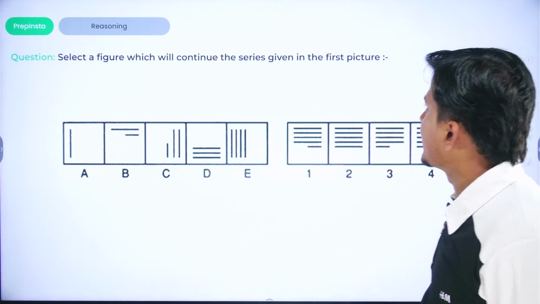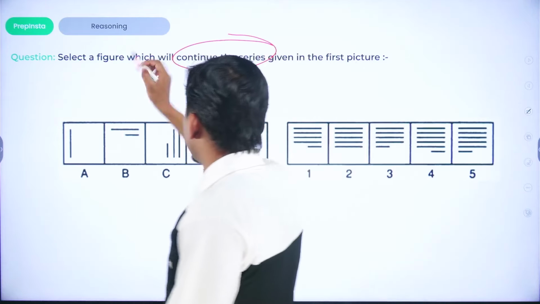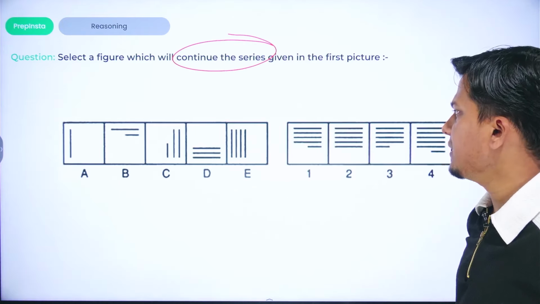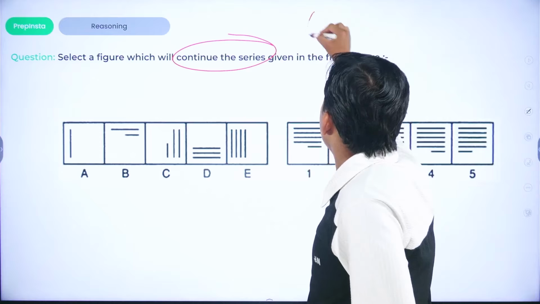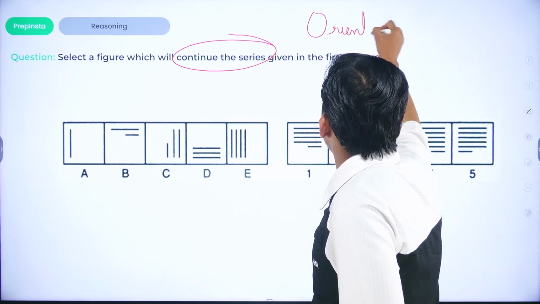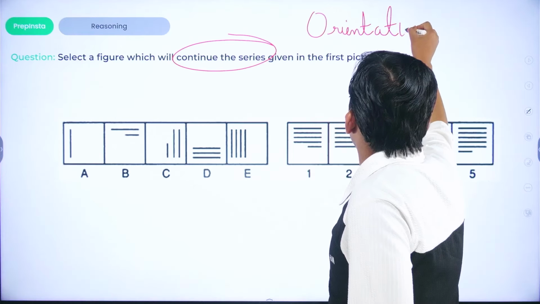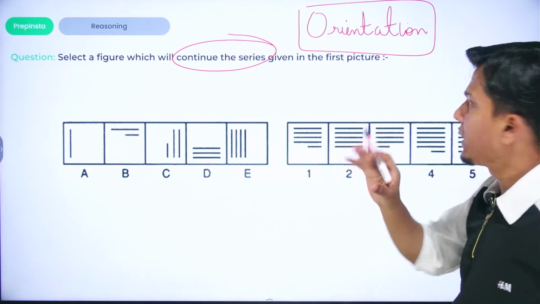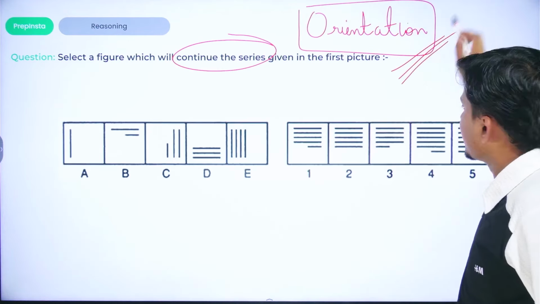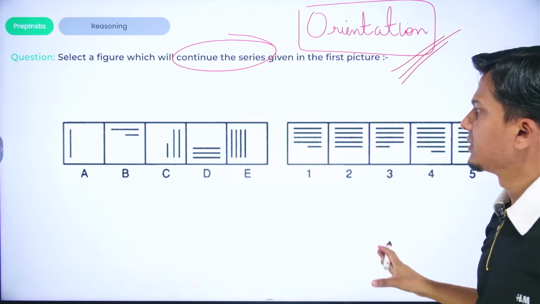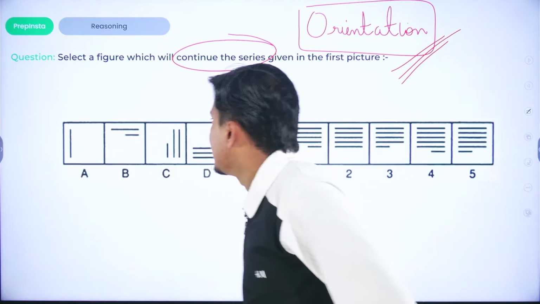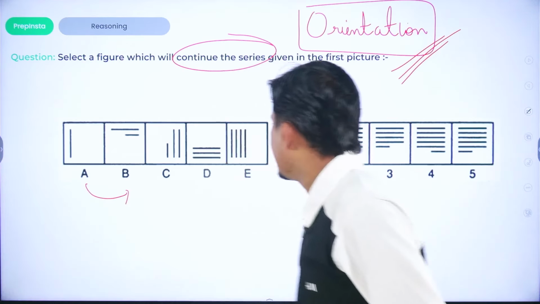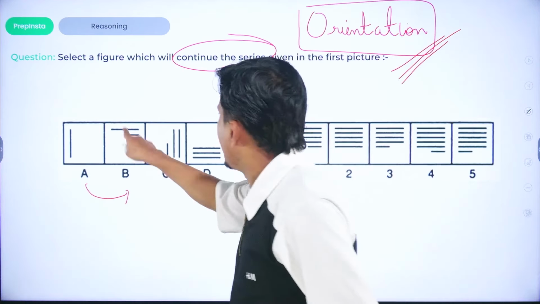Select a figure which will continue the series. So now we are given a question based on continuation of a series. In this question we have to check the orientation of the particular figures. Just look at the orientation and you will approach these questions. At first we are given a line, then in the second figure, in the B section, we are given a half line.